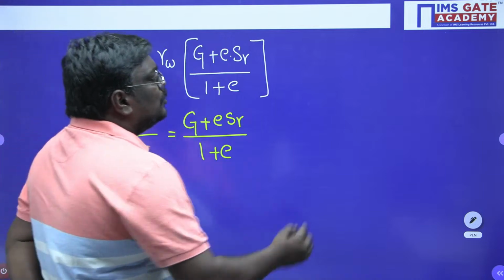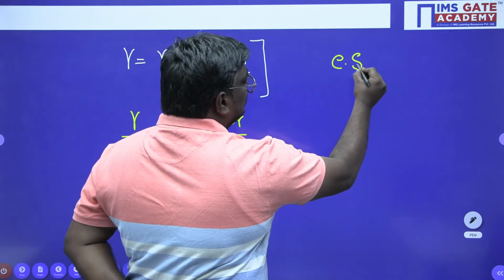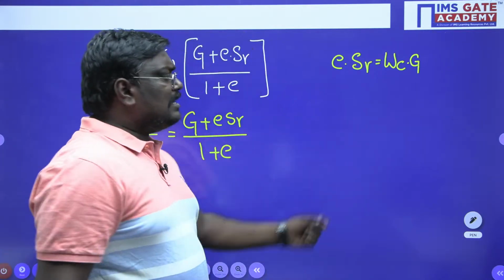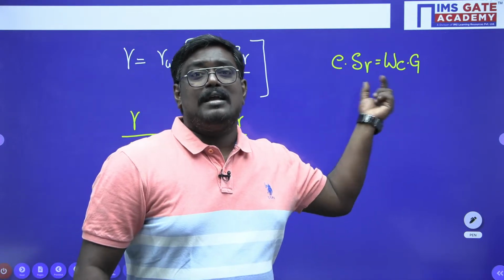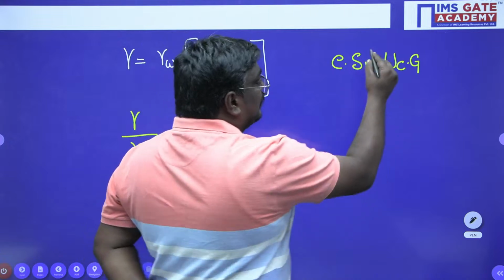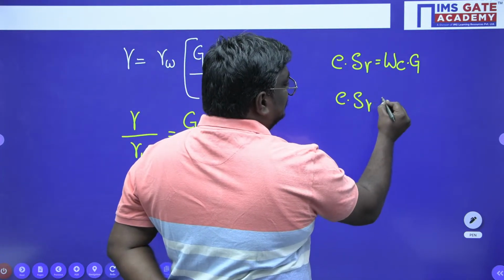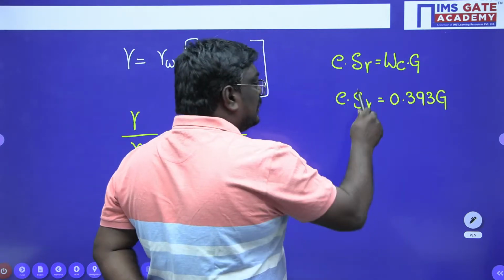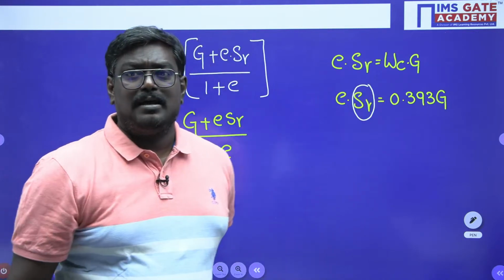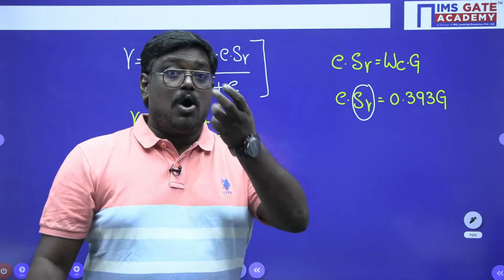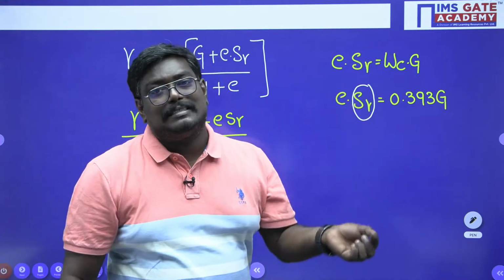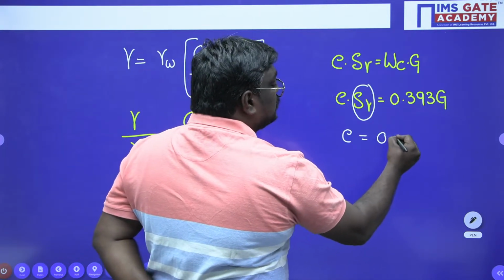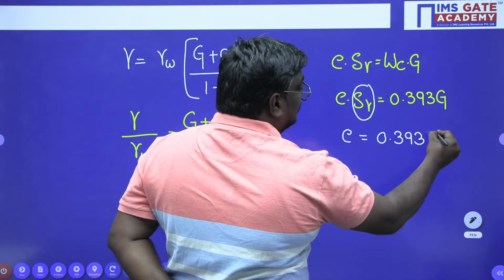E into Sr is given by the relation E Sr equals water content into G. The water content is 39.3 percent, so E Sr can be taken as 0.393 into G. Remember, the problem says saturated, which itself means the degree of saturation is 1. So E is 0.393 G. Yes or no, my dear students?